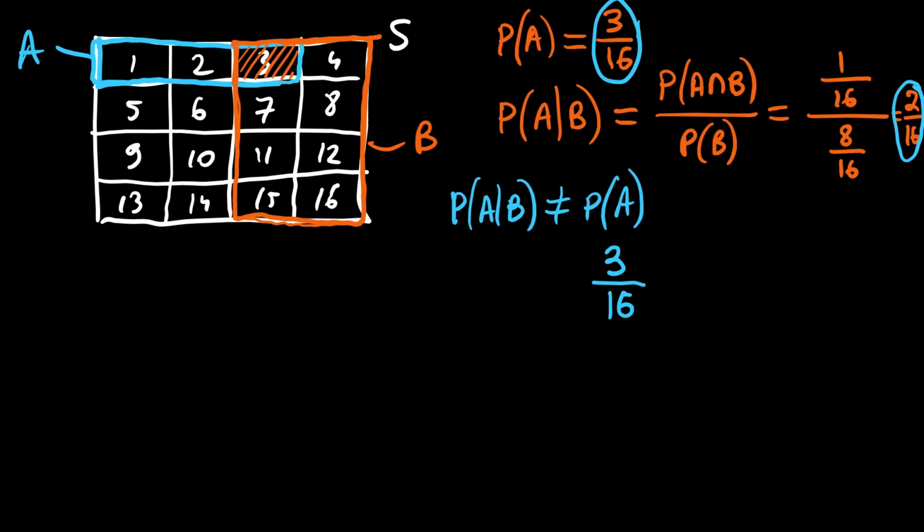And we can see that by unpacking a little bit what this probability of A given B is.